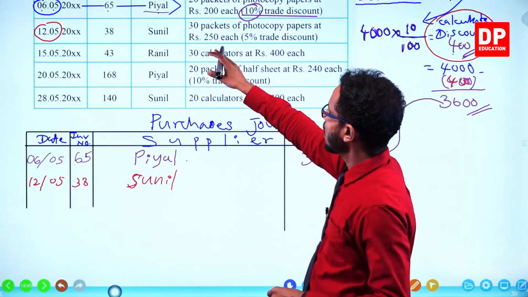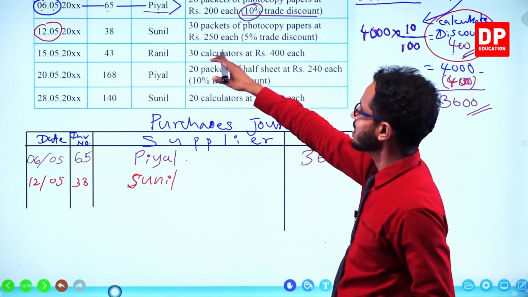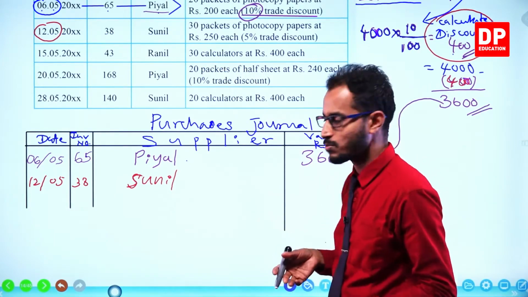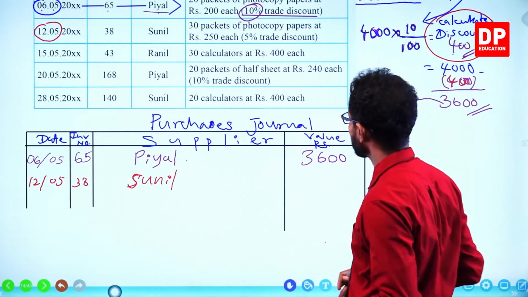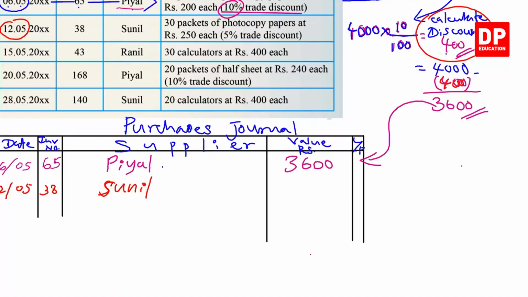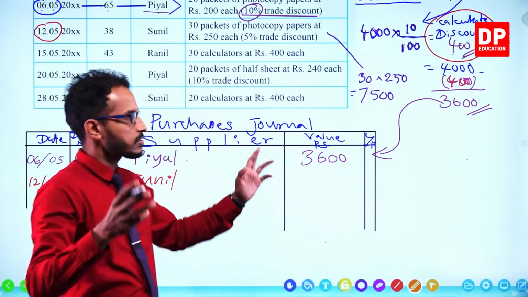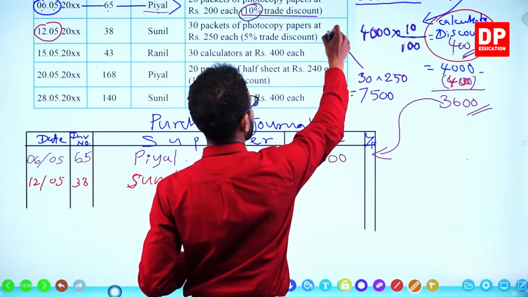So let's take that calculation here. Small calculation: 30 into 250. Answer is how much? 7,500, right? Can you see 7,500? This calculation.